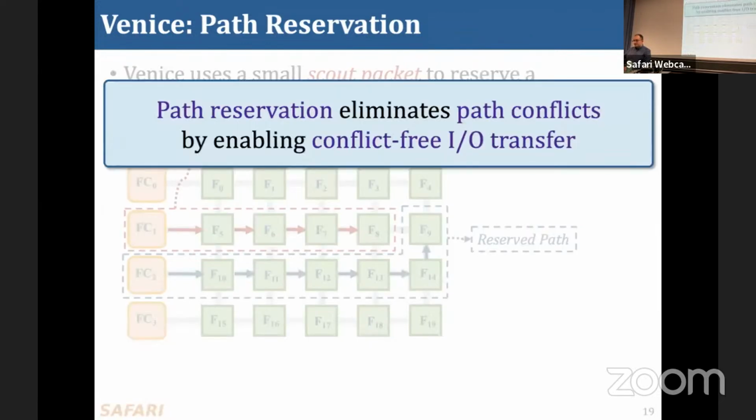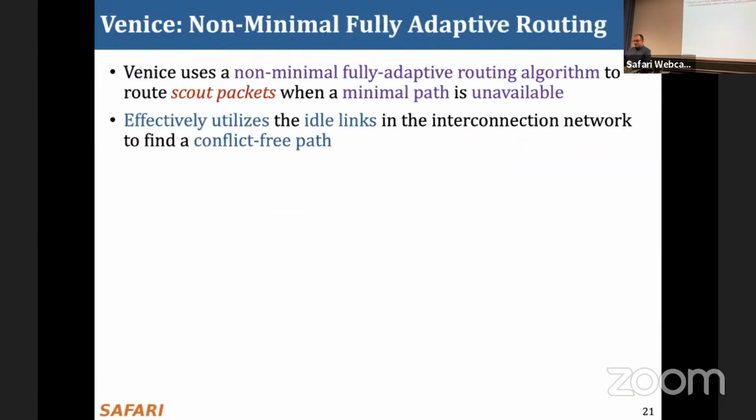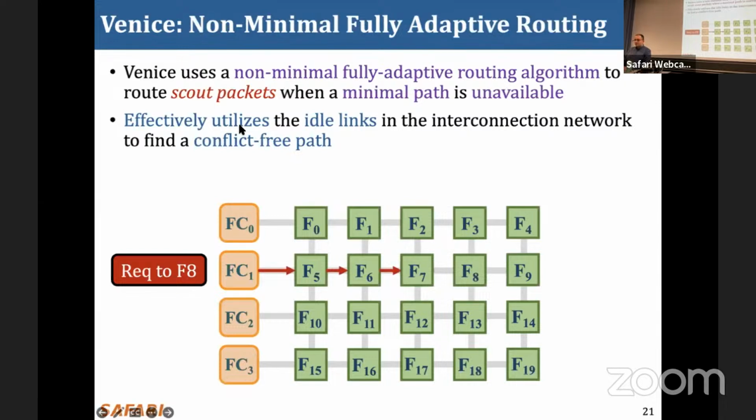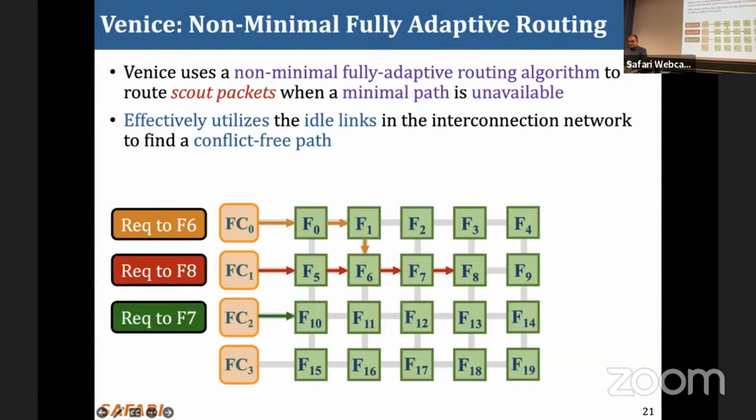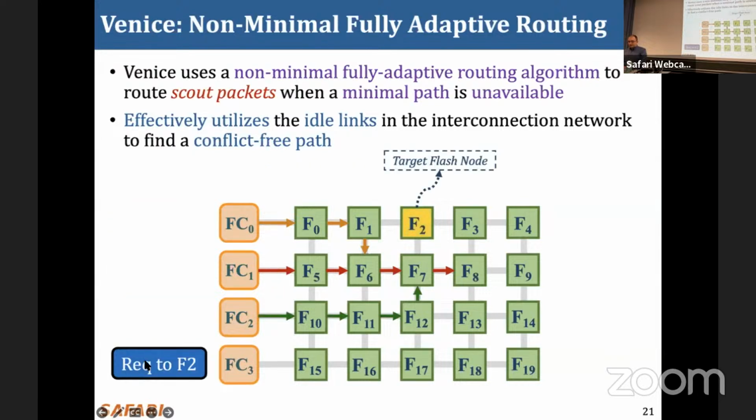We also put one step forward, and we use non-minimal fully adaptive routing in order to do that. So now you can see that we are trying to reserve a lot of paths here: to F8, this one to F6, and this one to F7. Now you want to reserve a path to F2, right?